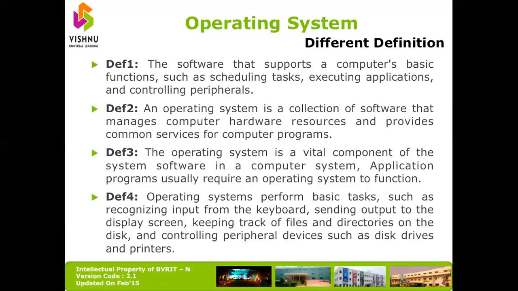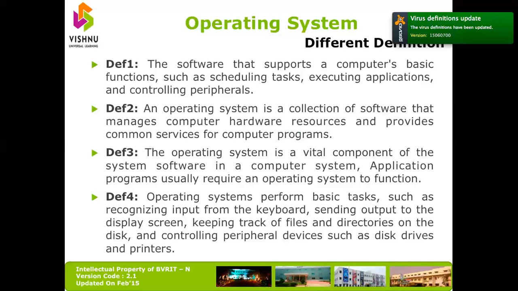Moreover, whatever applications you are executing, let it be a Microsoft Office application, or a paintbrush application, or your Turbo C applications, or your Java applications, nothing would have been possible without the operating system.